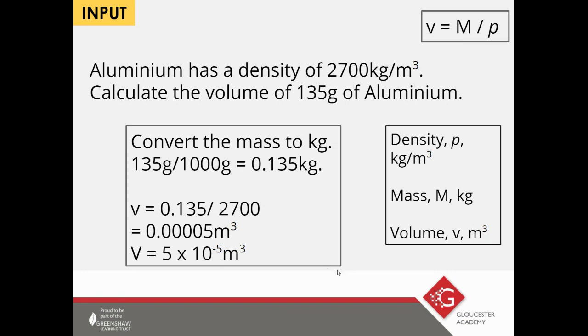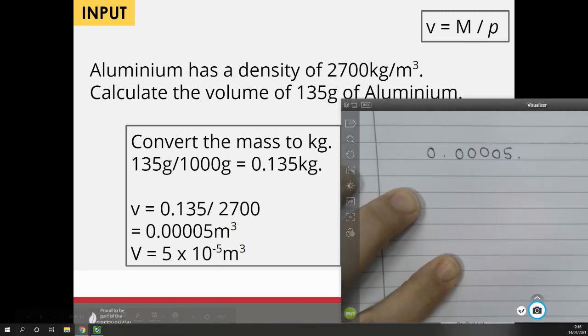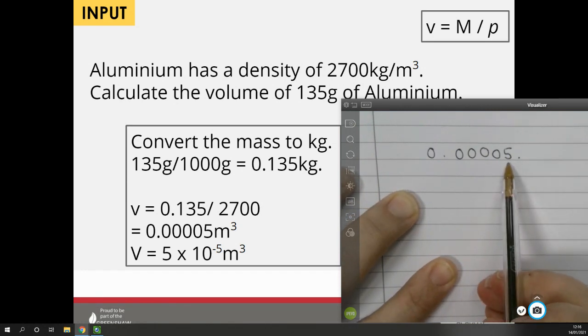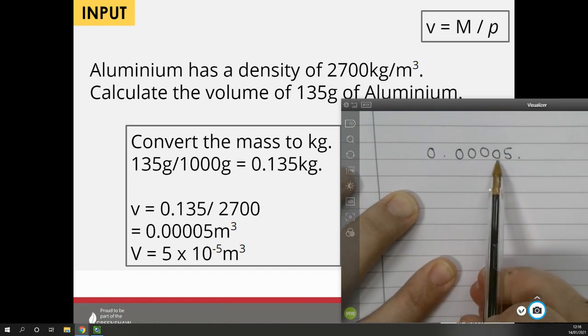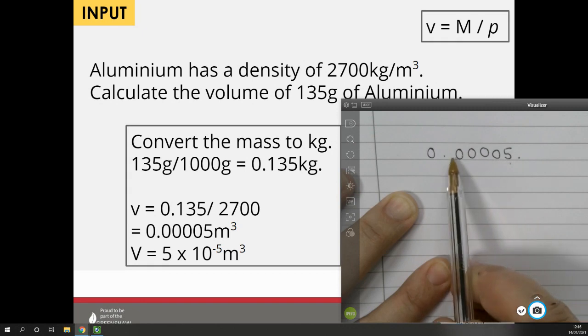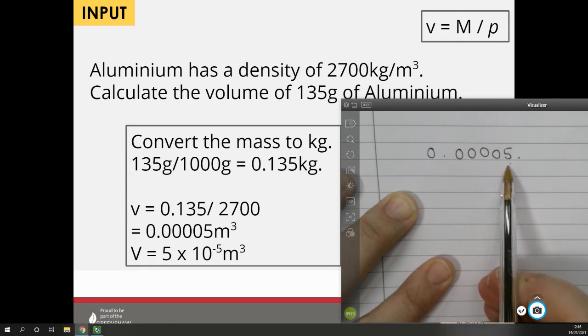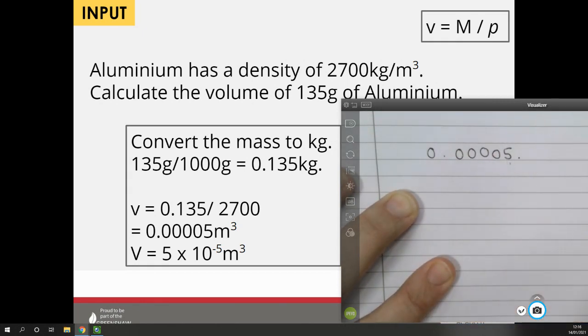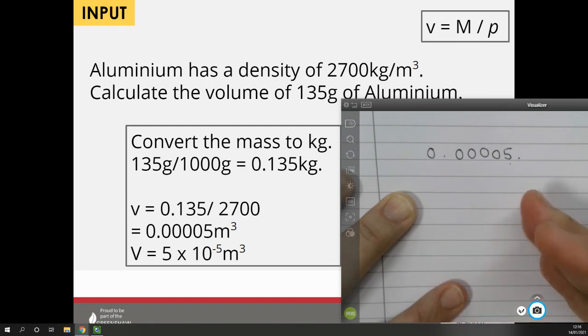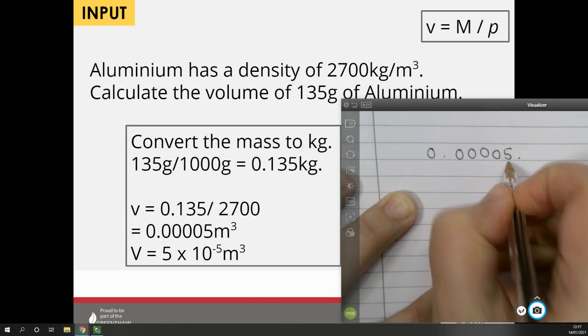Let's just take a look at this standard form. The 5 is 1, 2, 3, 4, 5 places after the decimal point. And when I'm using standard form, the value has to be between 0 and up to 10. It can't be greater than 10, because if I've got 10, I can just move it up another decimal place.